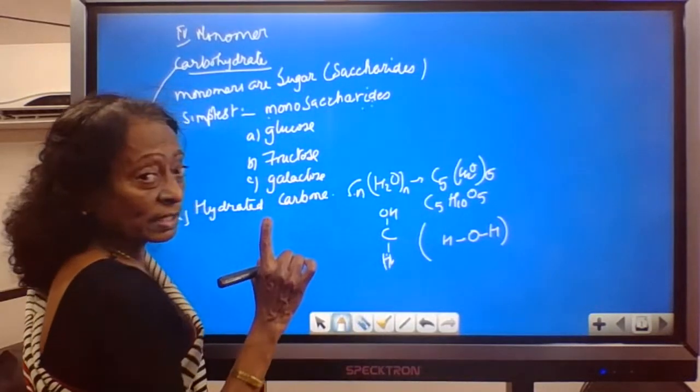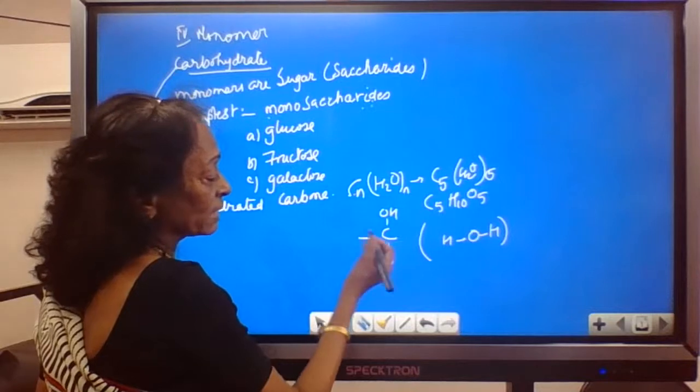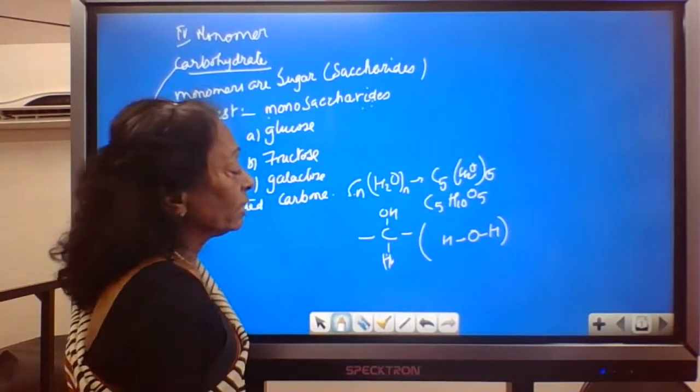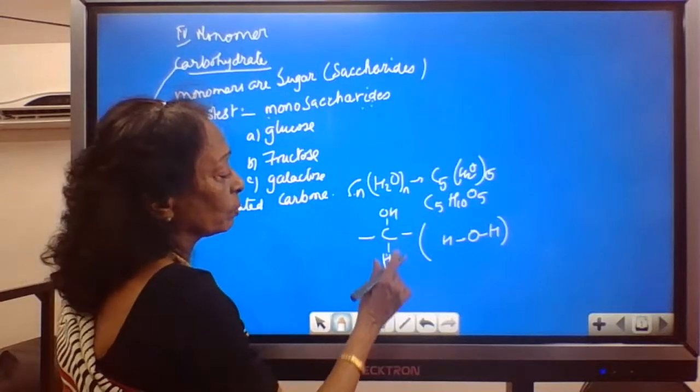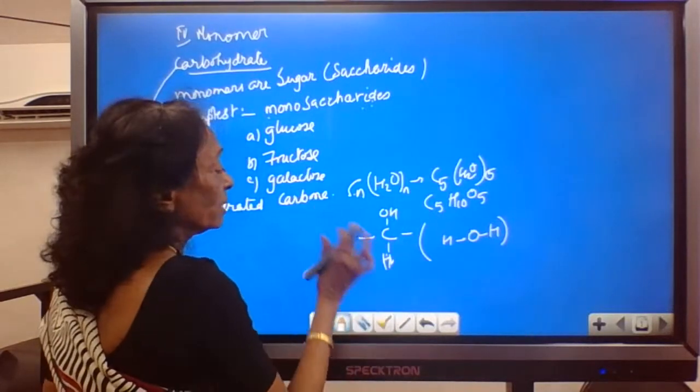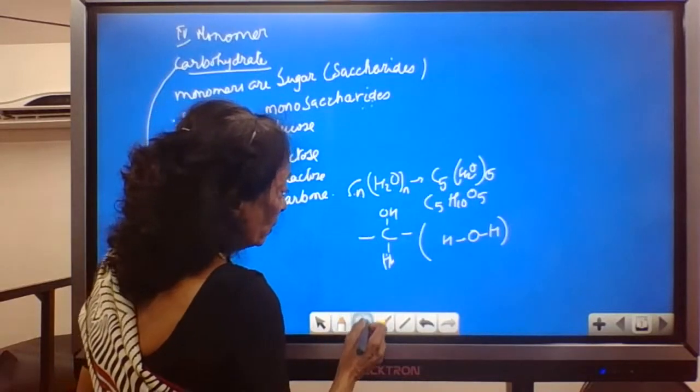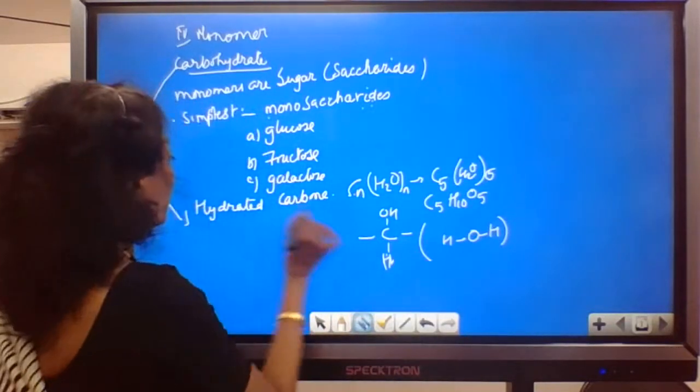Carbon has 4 valency, so to these valencies something else can attach. But in every carbon atom you have one water molecule sticking on to it. That is why the word is carbohydrate.